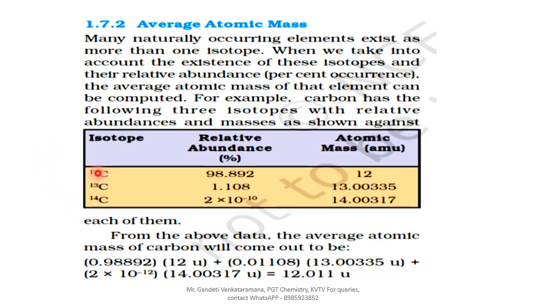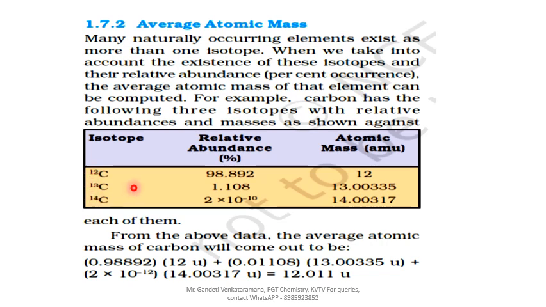Look here. The atomic number of carbon is 6. Here the atomic number is 6, here also carbon atomic number 6, and in this case also 6. That means the atomic number is the same. But what about the mass number? Different: 12, 13, 14.